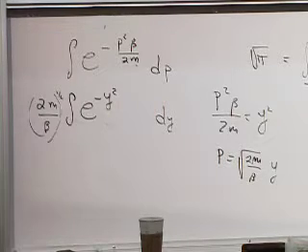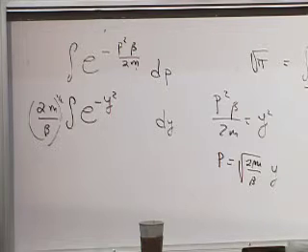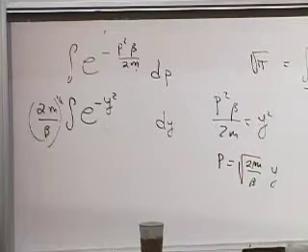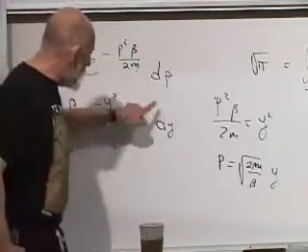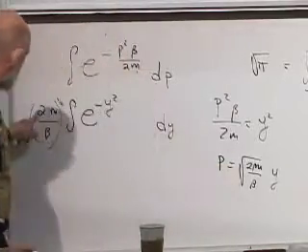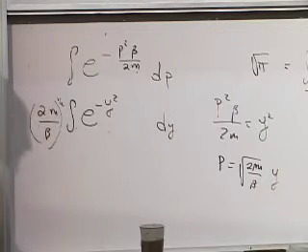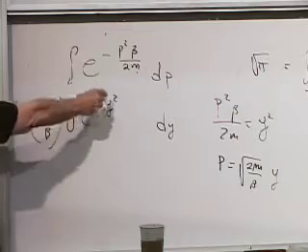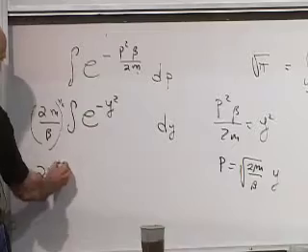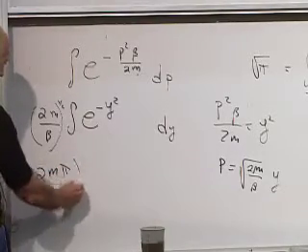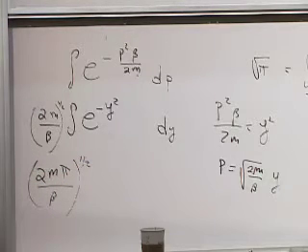Did I do this right? Yeah. I replaced dp by dy times the square root of 2m over beta, which is the same as 2m over beta to the 1/2 power. And now the integral is just the square root of pi, and so this altogether is 2m pi over beta to the 1/2 power. That's it. We've done the basic integral.